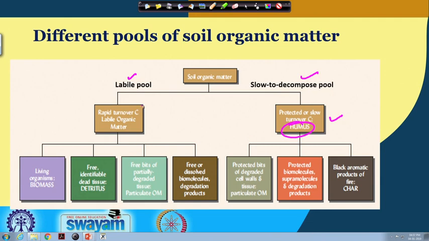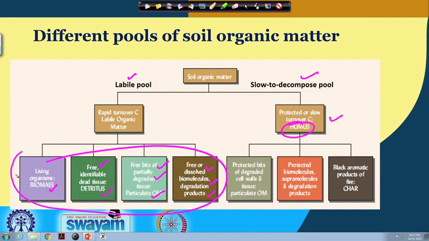The labile pool includes living organism biomass, free identifiable dead tissues and detritus, free bits of partially degraded tissues or particulate organic matter, and free or dissolved biomolecules and degradation products. All these can show rapid decomposition and changes.